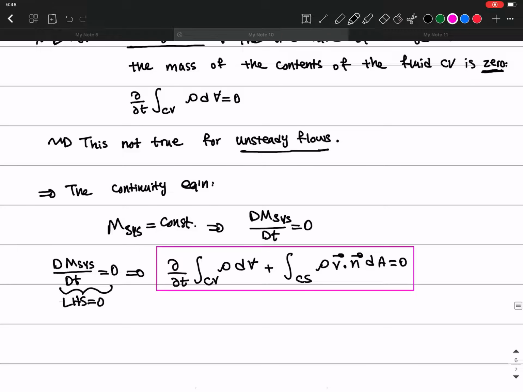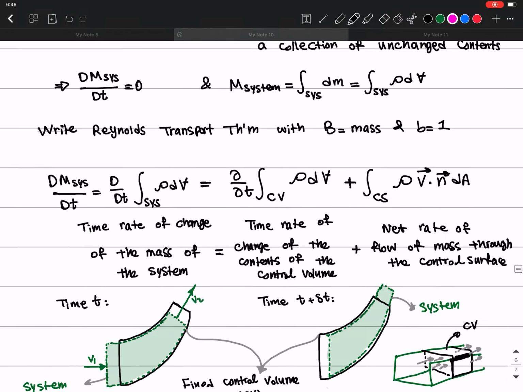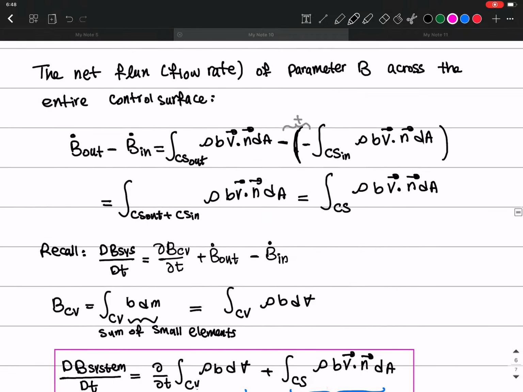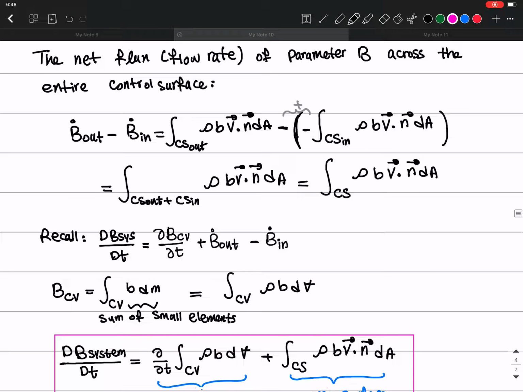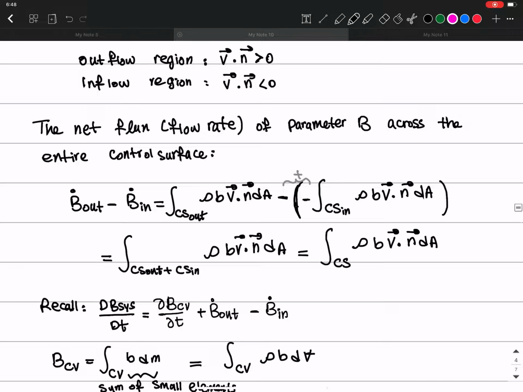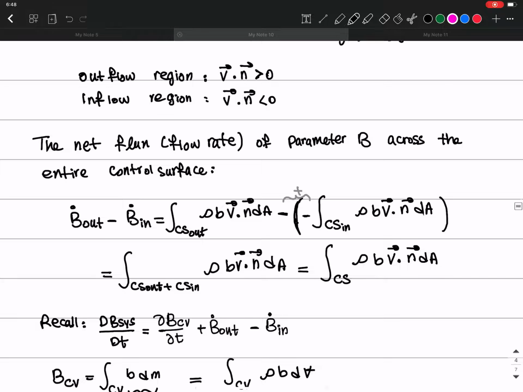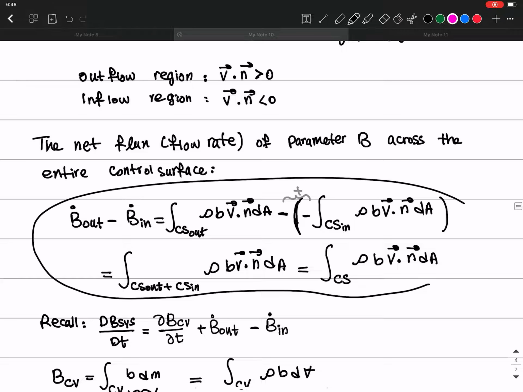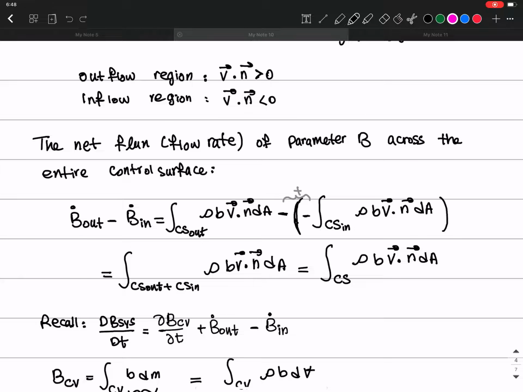So this is the integral of rho v dot n dA. If you remember, we had it here, right? This integral is just B dot out minus B dot in. You see it here.